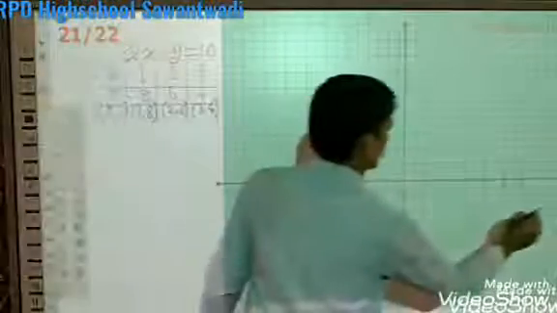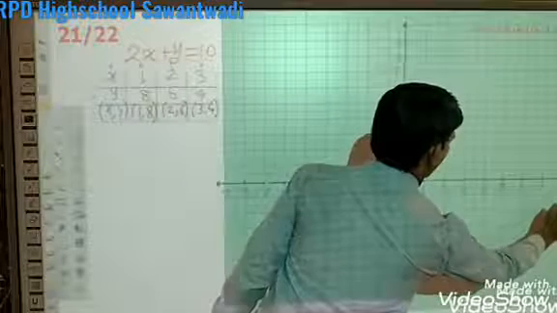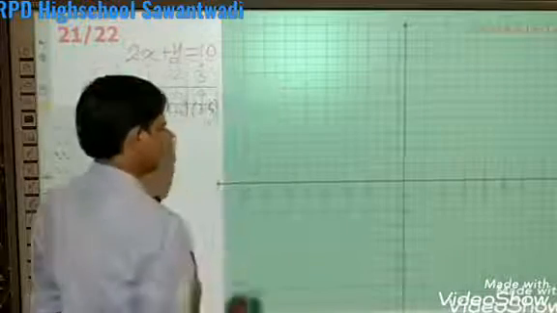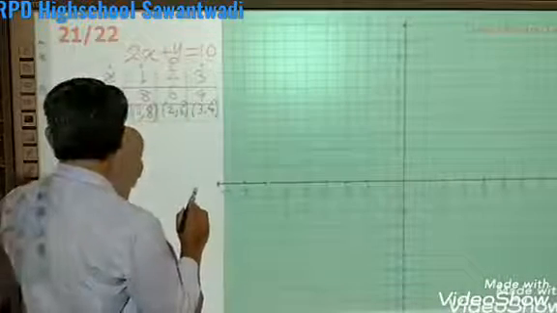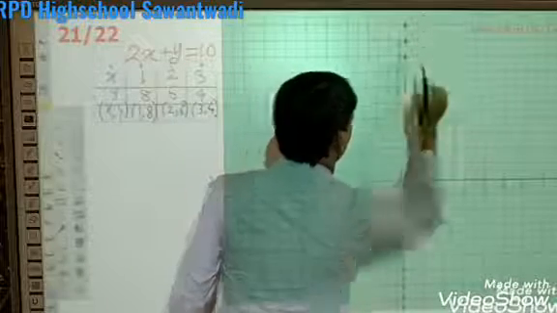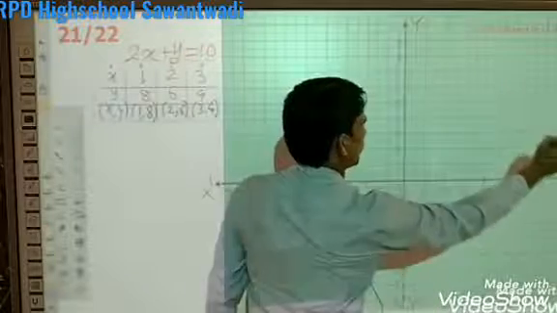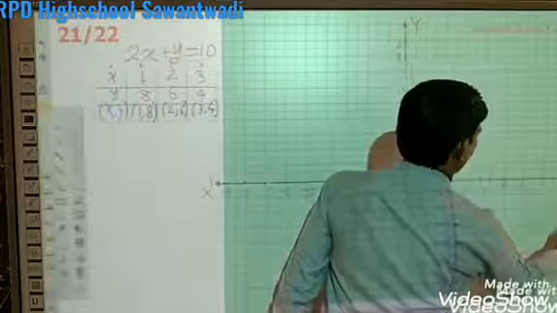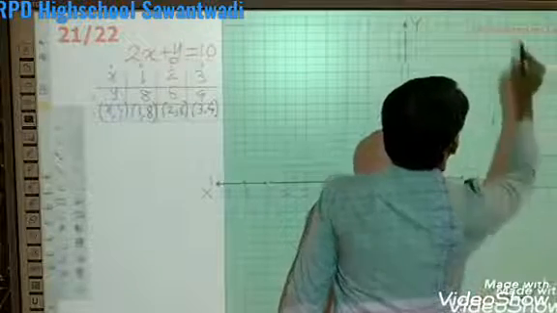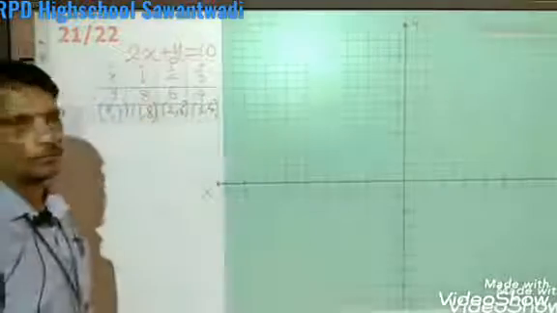Here it is X dash, here it is Y dash, and don't forget to write this also. That is nothing but the scale on both the axes. It is 1 centimeter is equal to 1 unit.